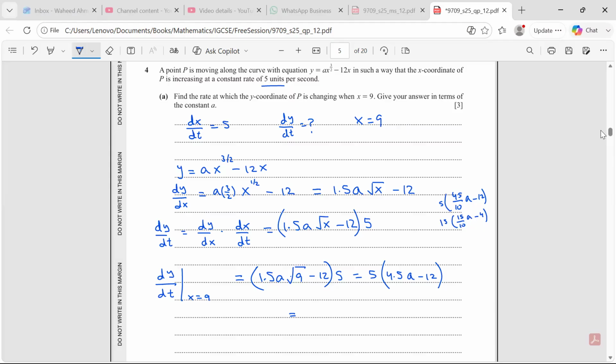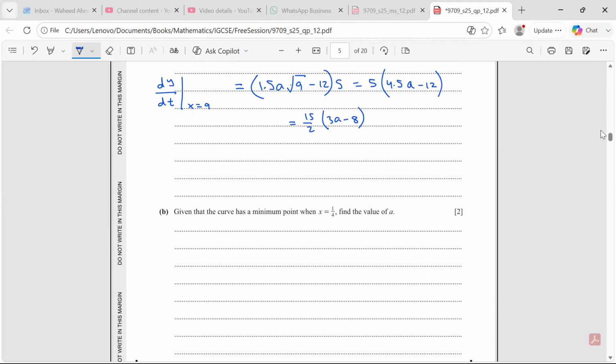And if I take divided by 2 common outside as well, it will be 15 over 5a minus 8. And this I can write as 15 over 2 into 3a minus 8. Okay, this is also correct, but I just try to write it in the way the solution gives us the answer. Okay, this is part A.